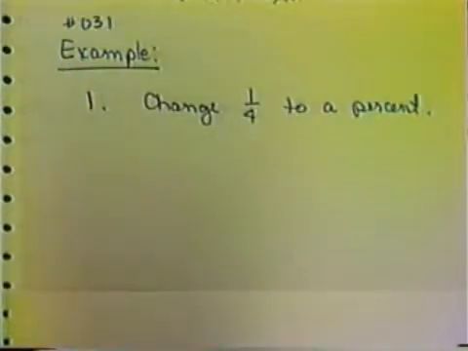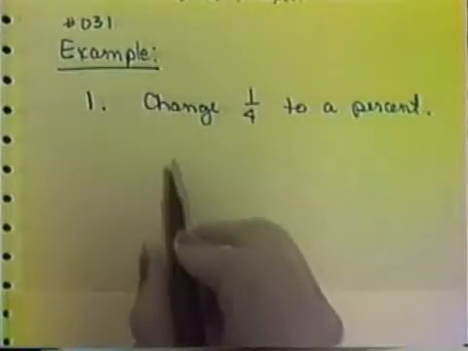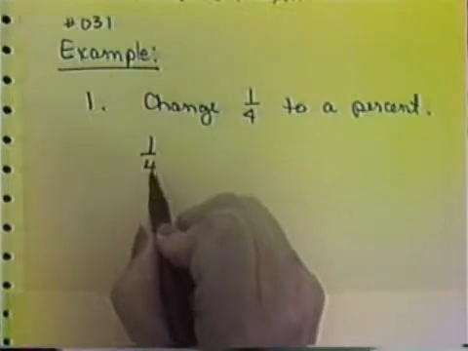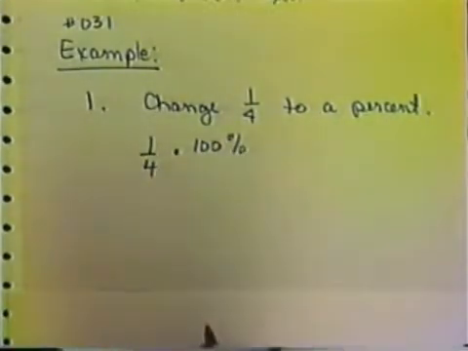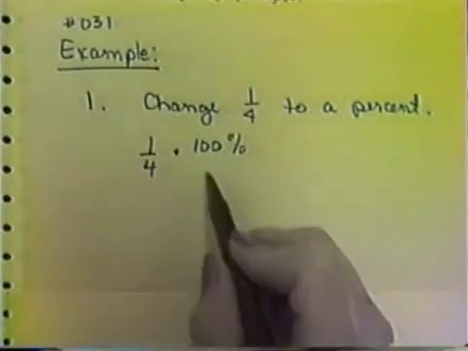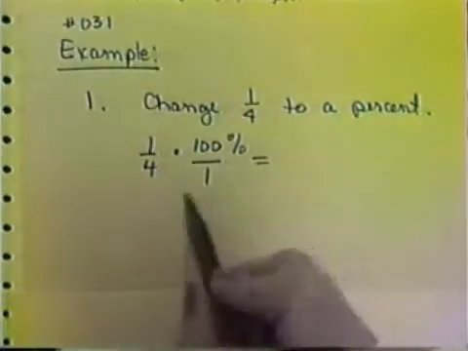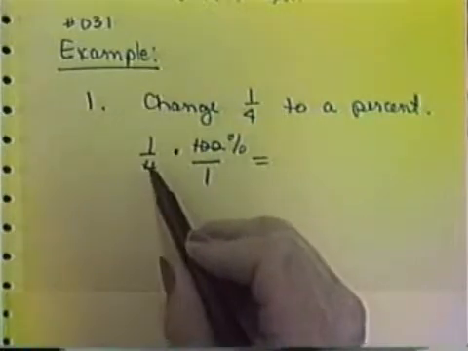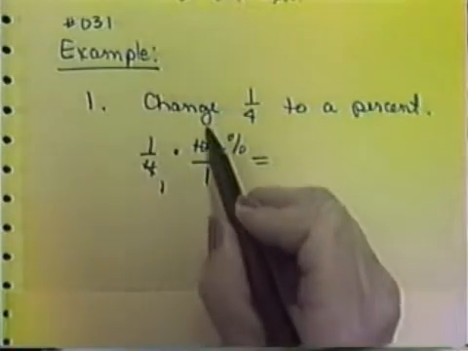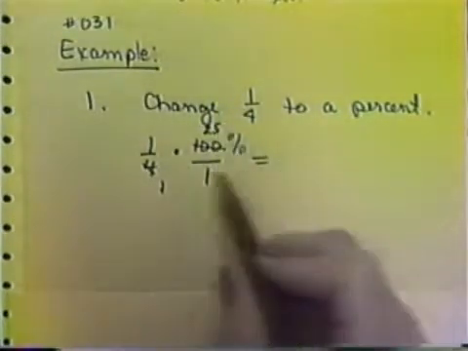And we want to change 1/4 to a percent. So we're going to take 1/4 and multiply by 100%. Now this will reduce: 4 into 4 goes 1 time, 4 into 100 goes 25 times.